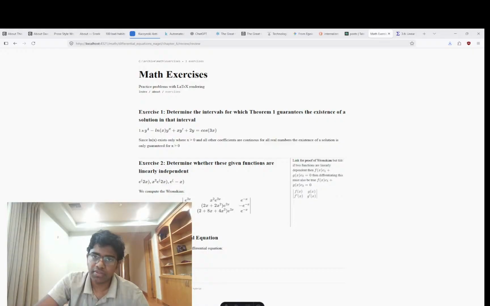We need to show that there's a constant matrix. And then let's add a matrix called P matrix, and then we'll change the constants to constants. Let's just do that.